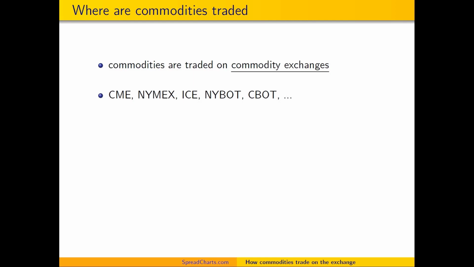Nowadays, most of these US exchanges are owned either by the CME Group or Intercontinental Exchange. But that's not important right now. The essential thing is that commodity trading is centralized and strictly regulated. Let's talk about it in detail.